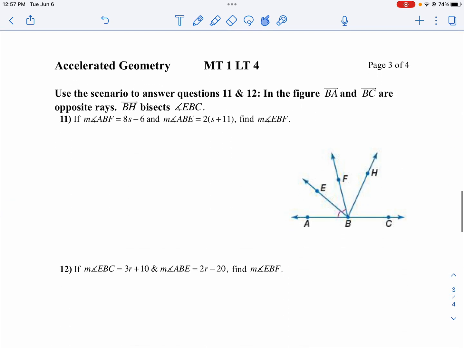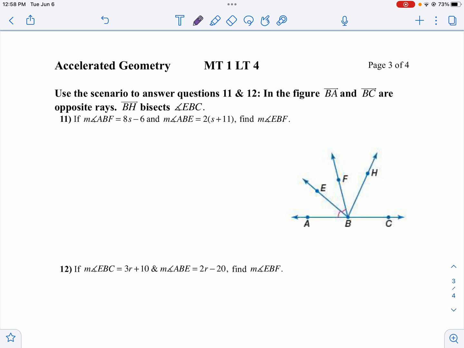Moving straight on then to page 3, now this is where you want to use a pencil because we're going to use the same diagram for 11 and 12. So we're going to do our work for 11 and we're going to erase it and write our work for 12. Now notice, to start with, from the given, I marked these 2 angles being congruent.